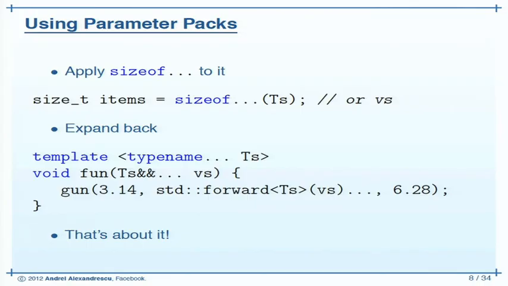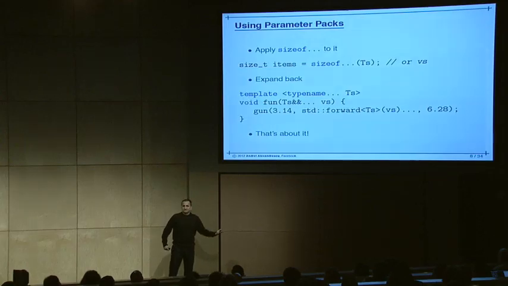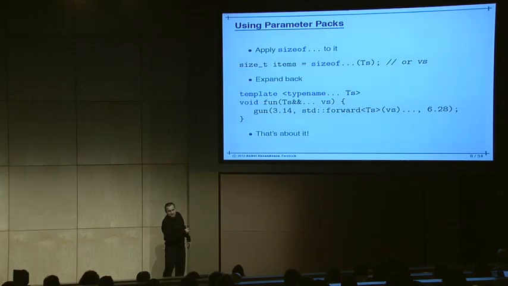So this is the expansion operator, and what's going to happen is that it's going to essentially expand the list. What do you think happens if you actually pass an empty list? You call fun with no arguments. Well, something very interesting is going to happen. And this is going to reveal that it's not textual expansion, it's smart textual expansion. You see this comma here? We have a comma here, and we have a comma here.